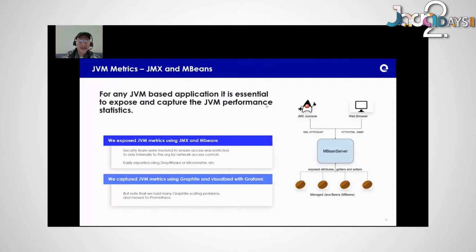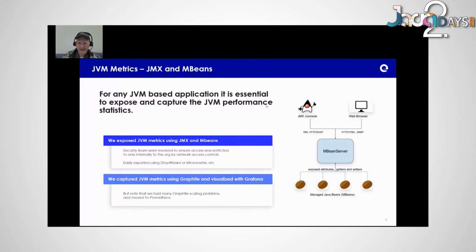The way we did it initially, we used Graphite, which is a common time series database, along with Grafana. If you haven't heard of them, Grafana is a way of visualizing. It lets you create graphs of any kind of metrics, and it's very common within our industry, fairly standard.